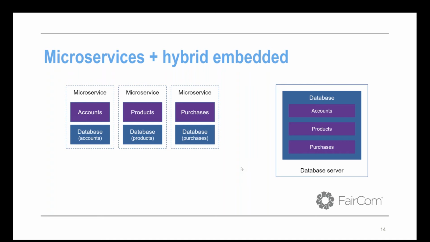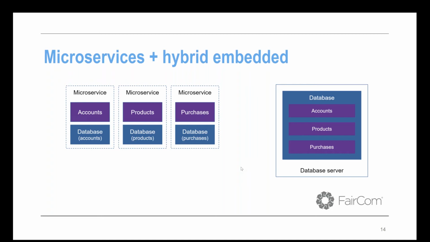So we would say in this diagram that we're looking at, nobody should be making changes to the accounts table unless they're going through the accounts microservice. Nobody should be changing our product catalog unless they're going through the products microservice, and so on and so on. So they have sole ownership for all writes to those particular tables, and they're happening to an embedded database.